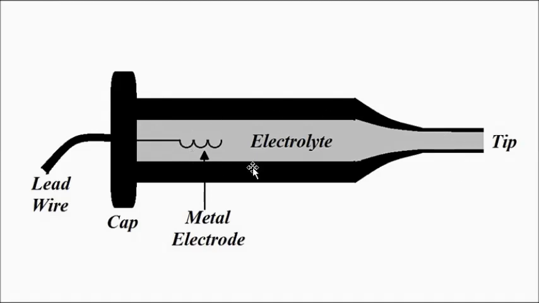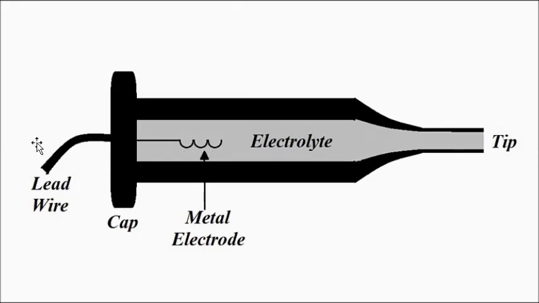Here also the inner portion is filled with electrolyte to facilitate conduction of the signal. This tip is applied to the point where the biopotential is to be measured, and within it is the metal electrode made up of stainless steel or tungsten with the lead wire attached.